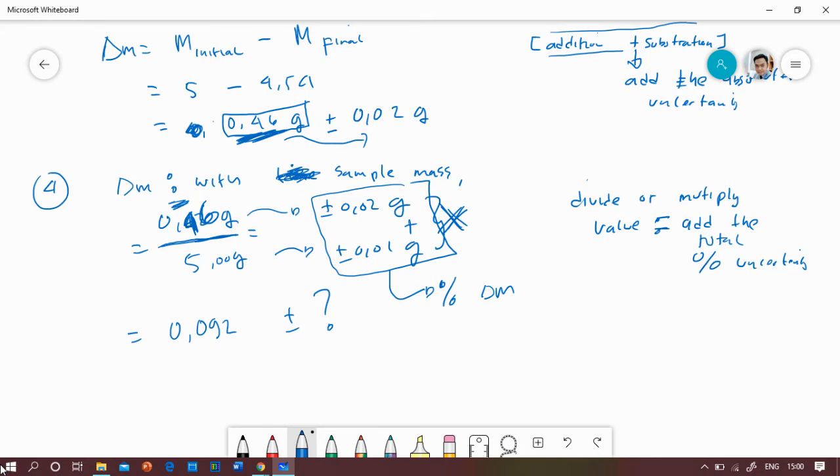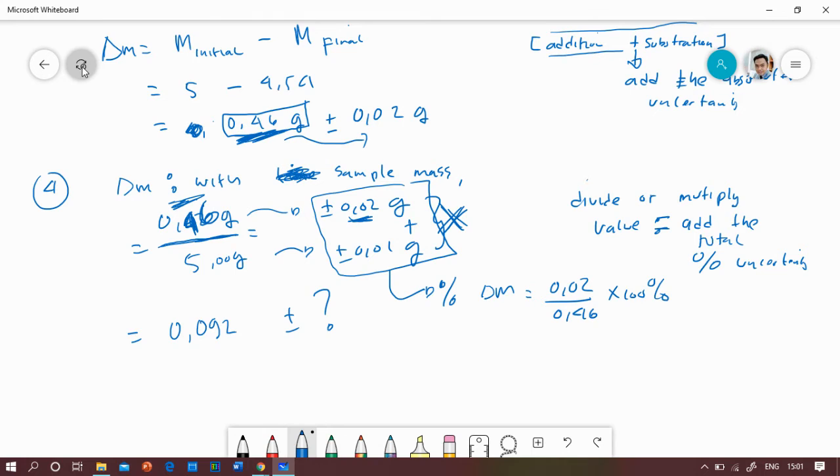Remember the percentage of uncertainty is uncertainty divided by value, so 0.02 divided by 0.46, times 100%. So this divided by this.